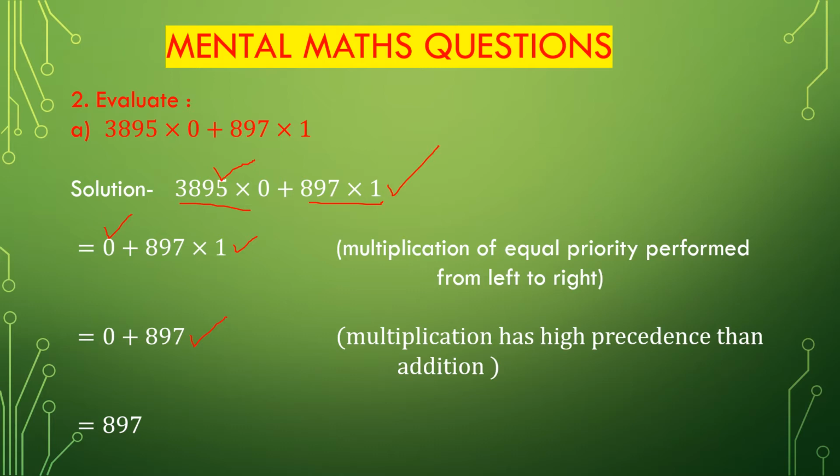Now 0 plus 897 equal to 897. We know when we add a whole number with 0, we get the number itself only. 0 is the additive identity of whole number.